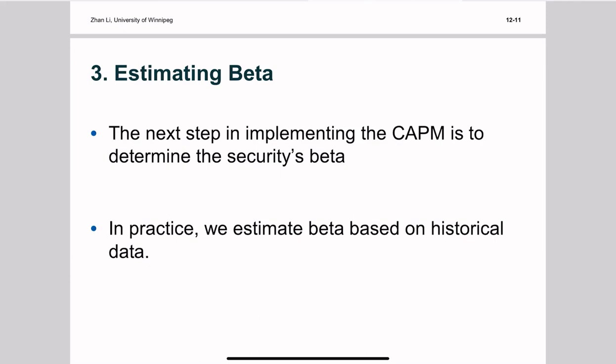We know the definition of beta, right? For example, if there's a stock i and we want to estimate beta i, what we can do here is the covariance of R_i and R_p divided by the variance of R_p. You might wonder, hey, I can just use this formula to find out the beta.